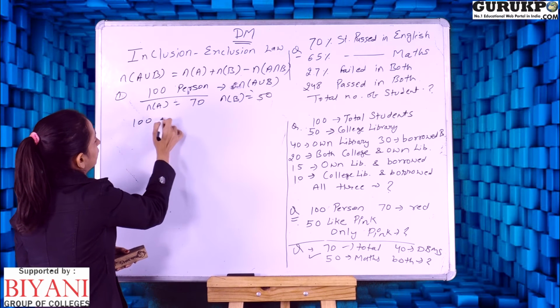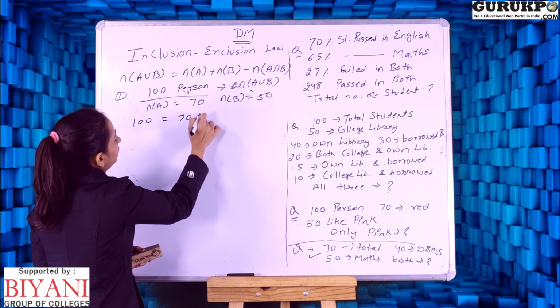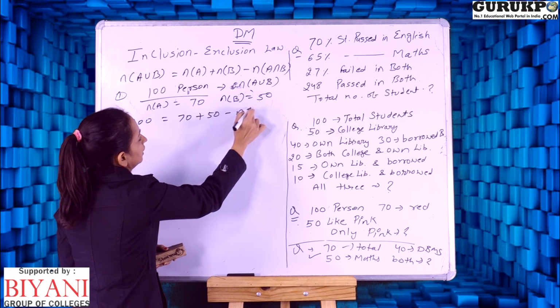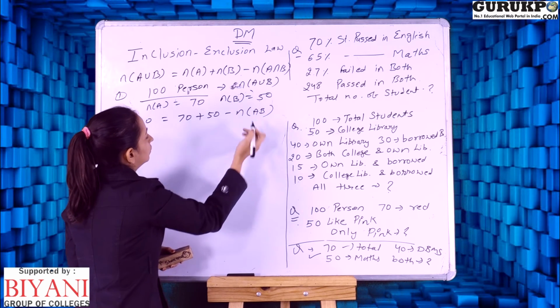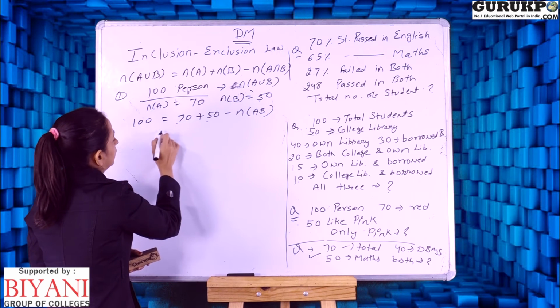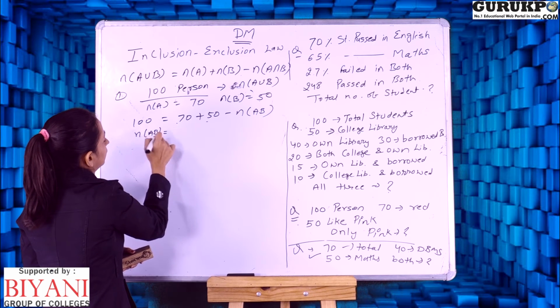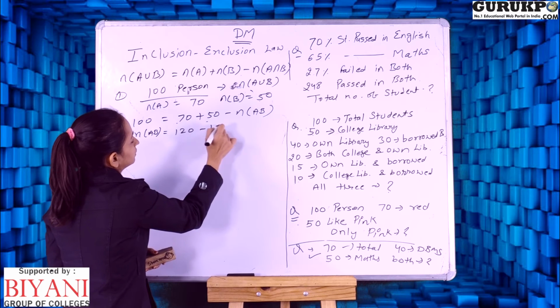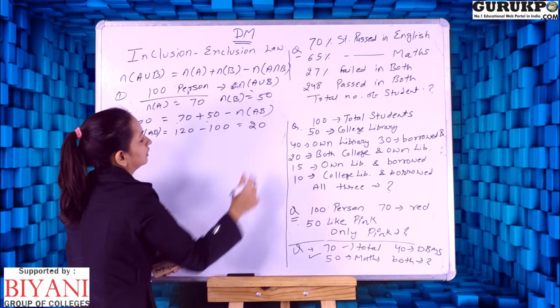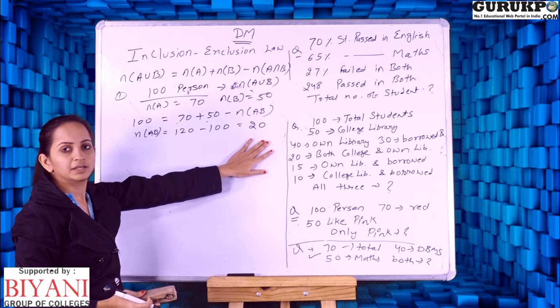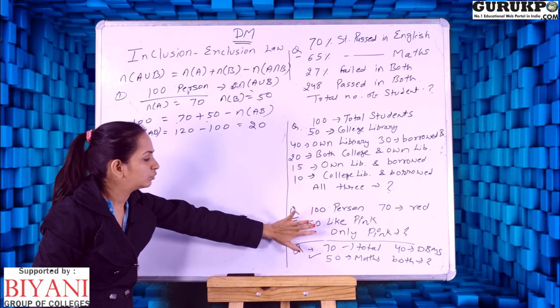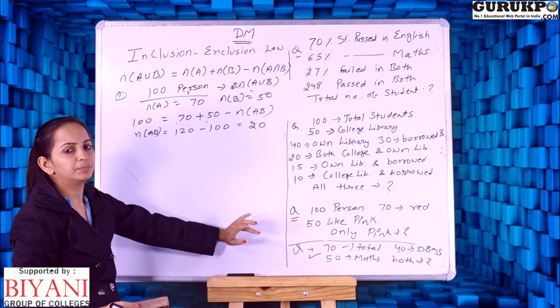The formula says 100 equals 70 plus 50 minus n of AB. Okay, and what will I get? 120 minus 100. So n of AB is equal to 120 minus 100, that will be equal to 20. So there are 20 students who like both the colors.